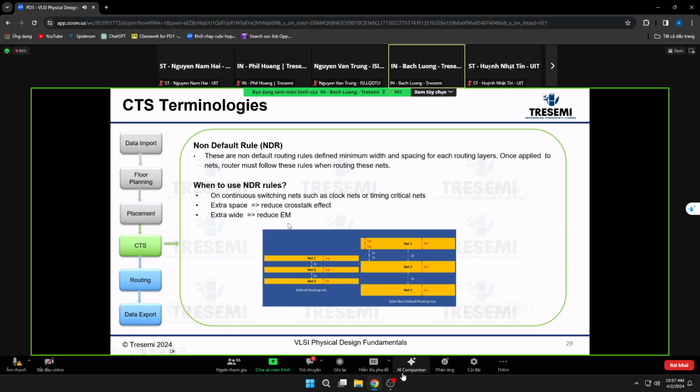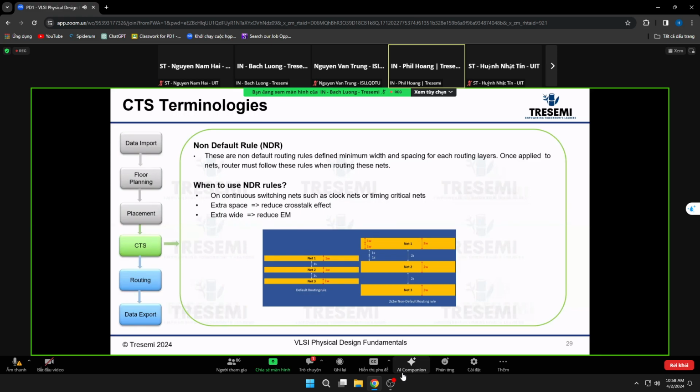Do you have any additional reason you want to share? Yeah, I want to mention that sometimes the resistance on the clock nets can also be improved with the double width. But one thing you need to know, students, is what's the drawback of using double width on clock nets?